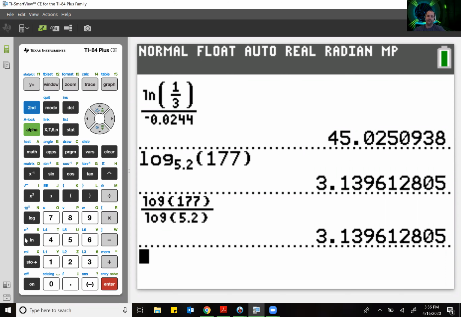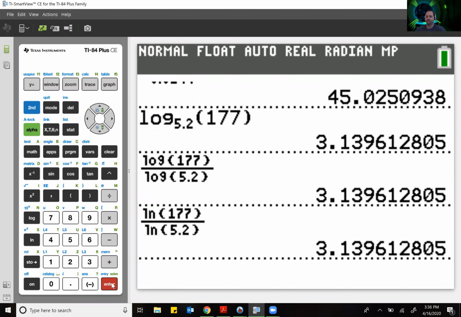Or do ln 177 over ln 5.2. Same answer. And that is your college algebra final, questions 1 through 30, spanning chapters pretty much 1 through 6.